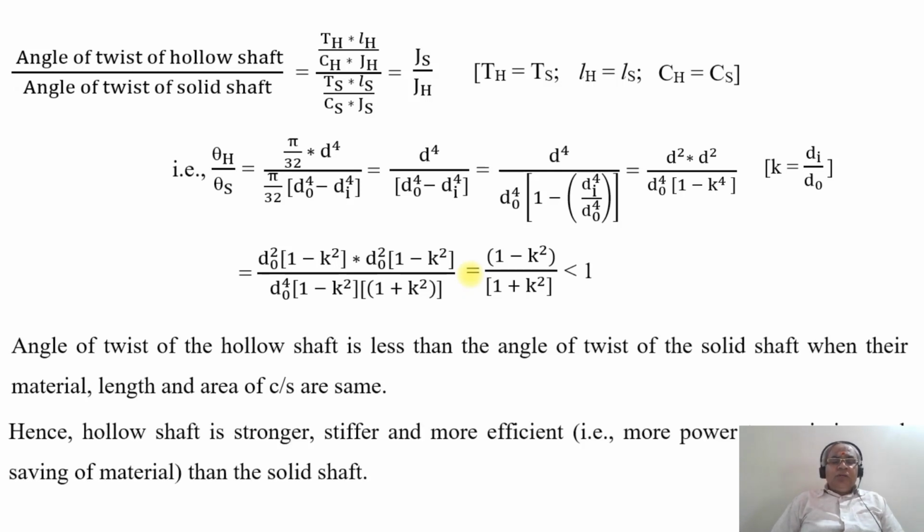And from all these cases, the hollow shaft is stronger, stiffer and more efficient, that is, more power transmission and saving of material than that of the solid shaft. Considering all these videos, we can infer that the hollow shaft is much stronger than the solid shaft. Thank you.